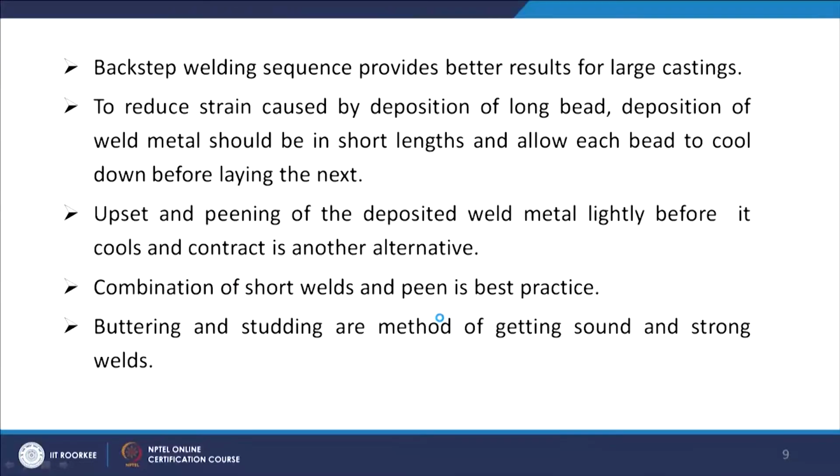Coming to the type of welding, as we have discussed, the backstep welding sequence will provide better results for large size castings. To reduce the strain caused by the deposition of a long bead, weld metal should be deposited in short lengths, allowing each bead to cool down before laying the next. That is what the skip welding process tells, because as we have seen earlier, when you divide the whole length into different sections, you should avoid welding continuously in all the sections.